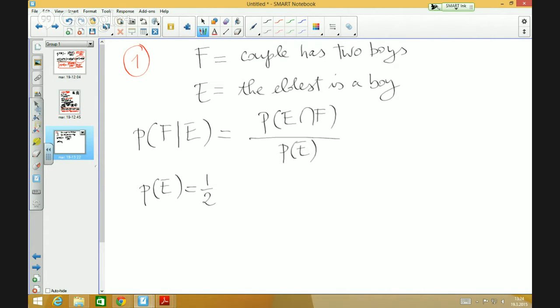So this makes sense because the event E corresponds to 2 possible outcomes, boy-boy and boy-girl, out of 4. Okay, so what is the probability of E intersection F?